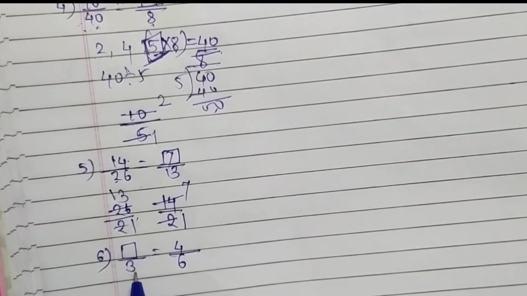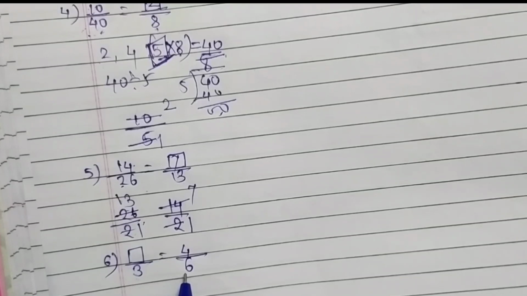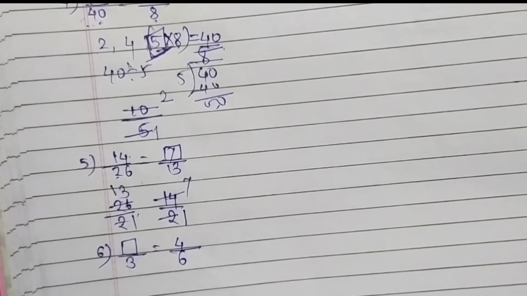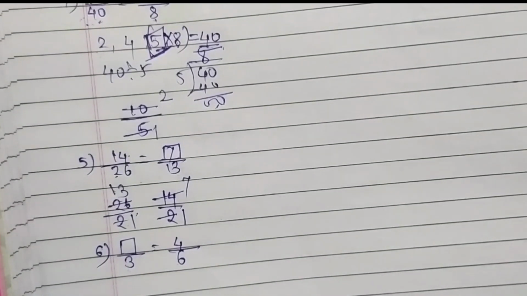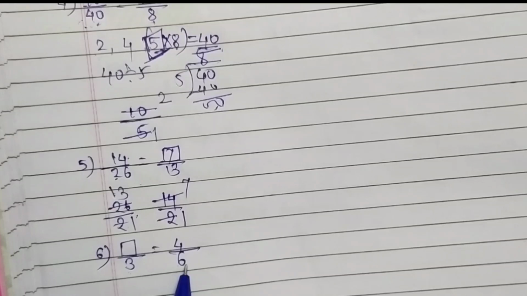Look here. They give here 3 and in the answer the denominator is 6. So find out the number by which we get the product of multiplication of 3 and that number, that is 6.